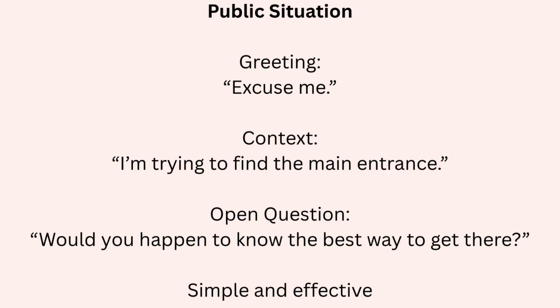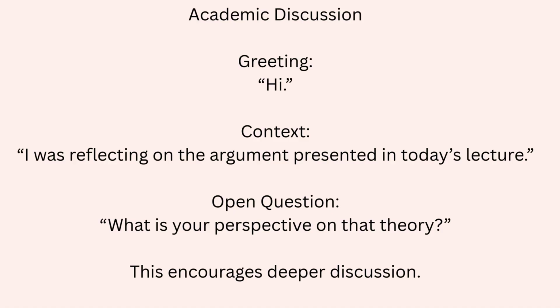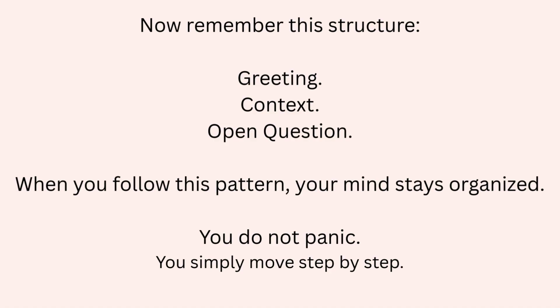Open question, "Would you happen to know the best way to get there?" Simple and effective. Academic discussion, "Hi." Context, "I was reflecting on the argument presented in today's lecture." Open question, "What is your perspective on that theory?" This encourages deeper discussion.